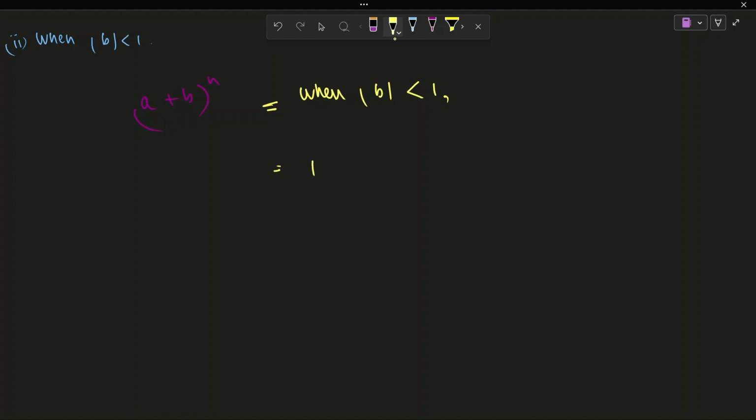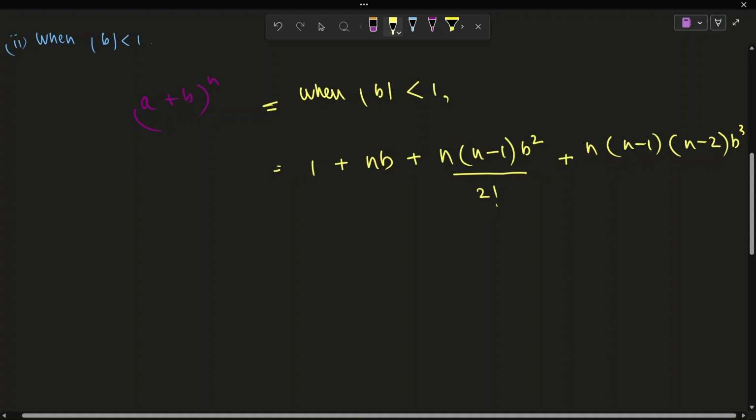First, you're going to start off with 1 plus nx, or in this case, it's going to be nb, plus n times n minus 1 b squared over 2 factorial, plus n times n minus 1 times n minus 2 b to the power 3 over 3 factorial.